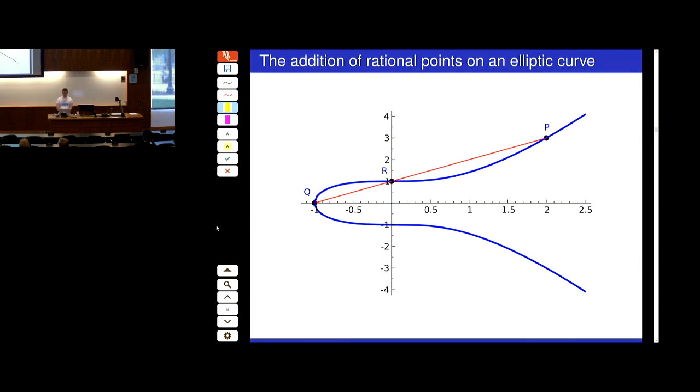If P and Q are rational, because you're intersecting a cubic with a linear equation, the third point is rational. We define the addition so that P plus Q plus R is 0. That tells you that P plus Q should be somewhere over here. There is also the point at infinity, which works in projective coordinates, and the point at infinity works as the 0 of the group.